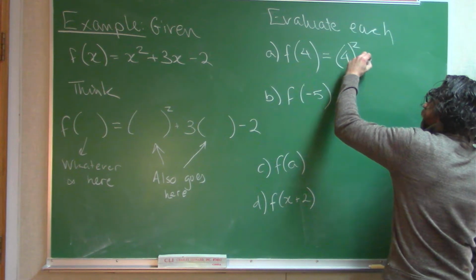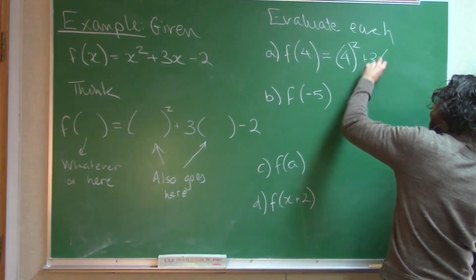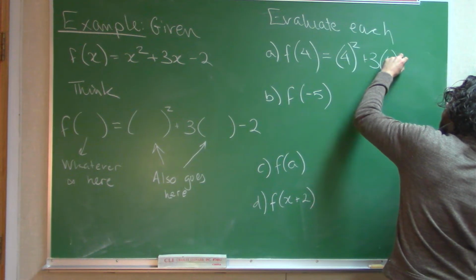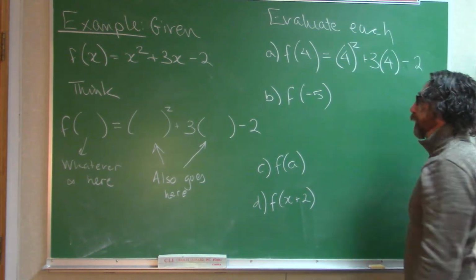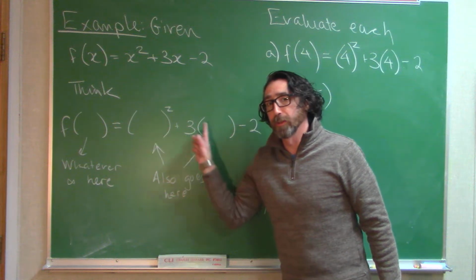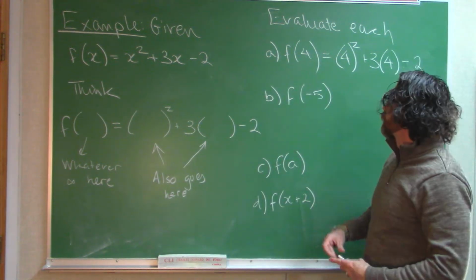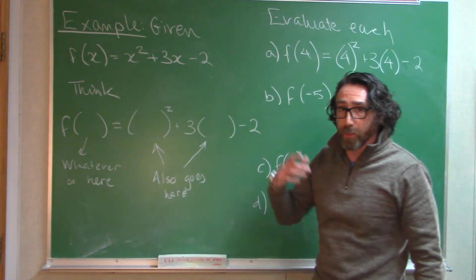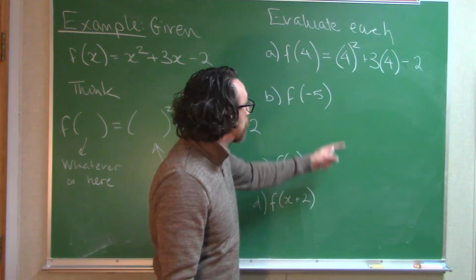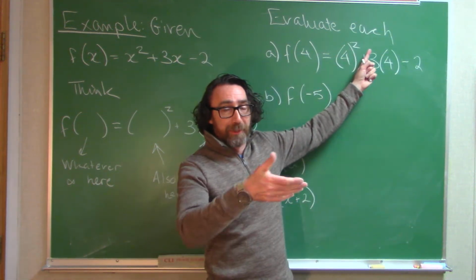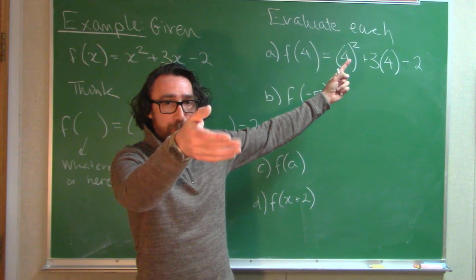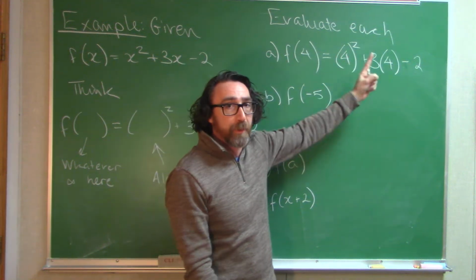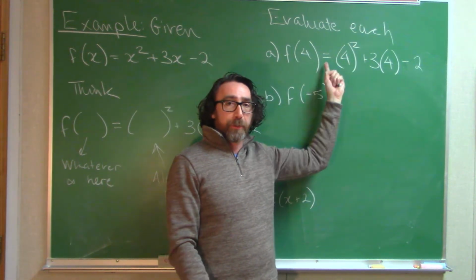Okay, let's think about this. If I put in a 4 in the parentheses on the left, I would put in a 4 in the blanks on the right. 4 squared, we know what that is. That's easy. 4 squared is 16. Remember, squaring means multiplying it times itself, so 4 squared is 4 times 4, 16. 3 times 4 is 12.